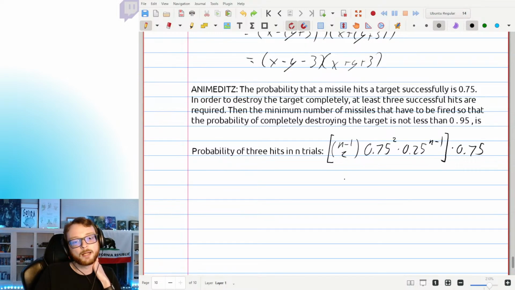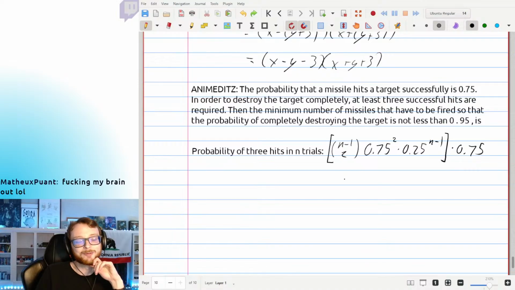The tricky part now is we want to keep increasing n until we get above the 0.95 mark for the total probability.